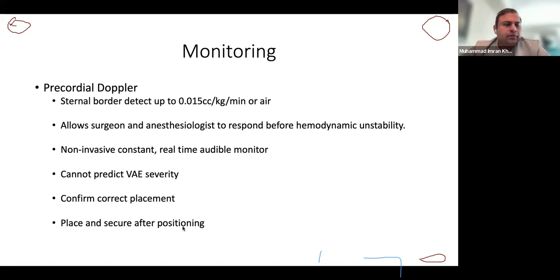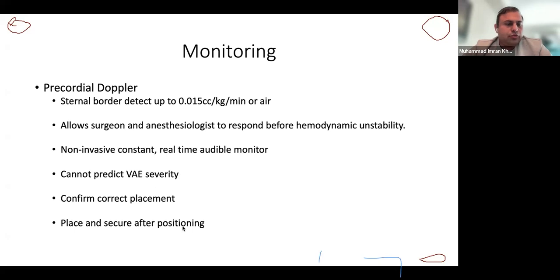We confirm the correct placement of the Doppler probe by injecting approximately 10 ml of agitated saline through either a venous catheter or a peripheral intravenous line, and listening for an obvious change in Doppler tone. If negative, we reposition the precordial Doppler.